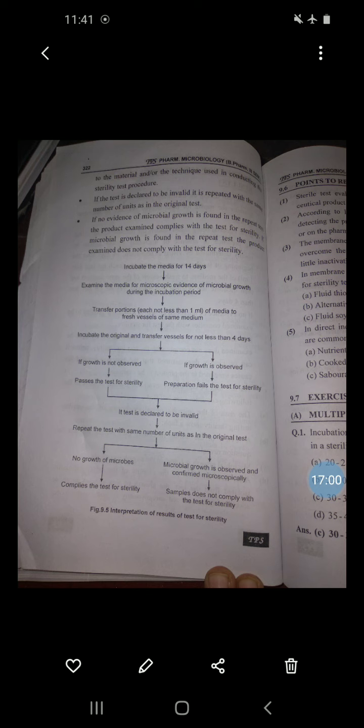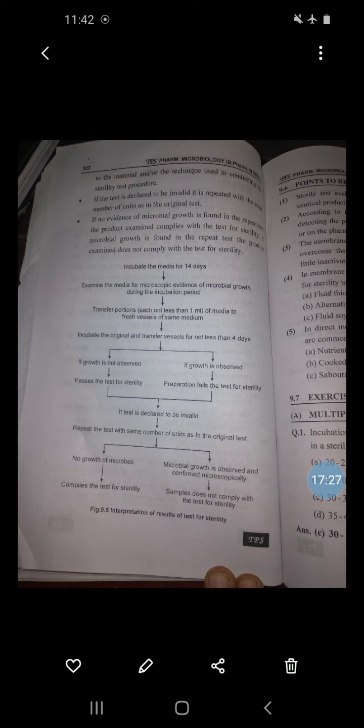Then if the test is declared to be invalid, repeat the test with the same number of units as in the original test. Then there are two separate observations: no growth of microbes, and microbial growth observed and confirmed microscopically.